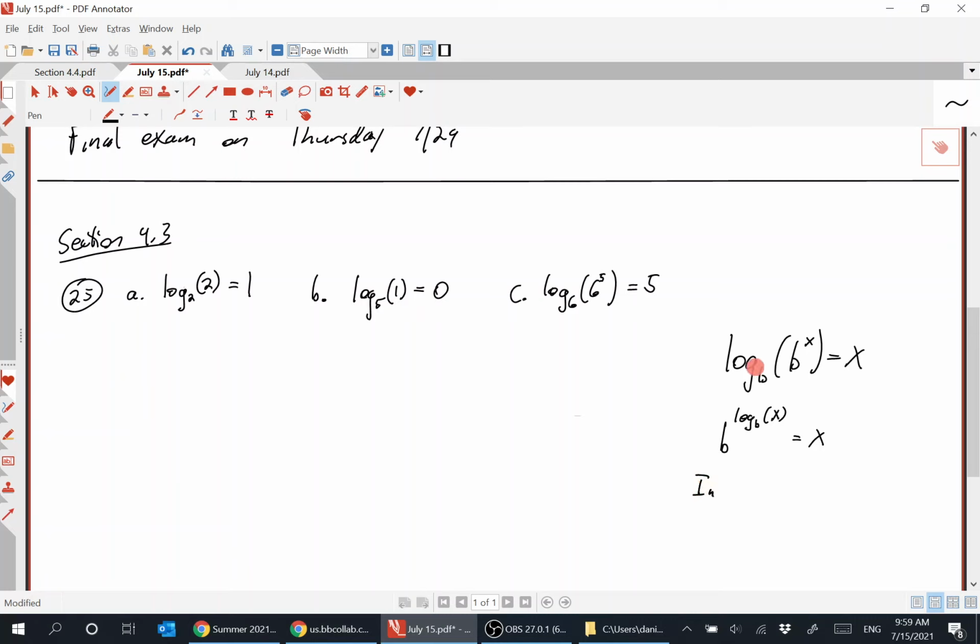So it looks funny, these expressions, especially this one. In other words, f of x equal to b to the x and g of x equal to log base b of x are inverse functions.